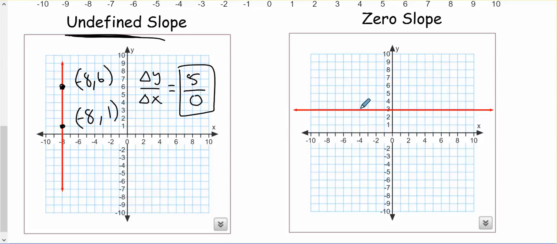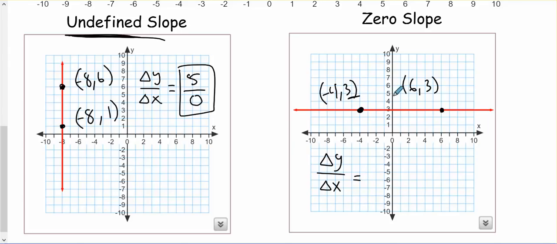If I picked a point here, this point would be negative 4, 3. And I can pick another point here, this point would be 6, 3. And we're going to do change in y over change in x. Well, what are our y's changing?